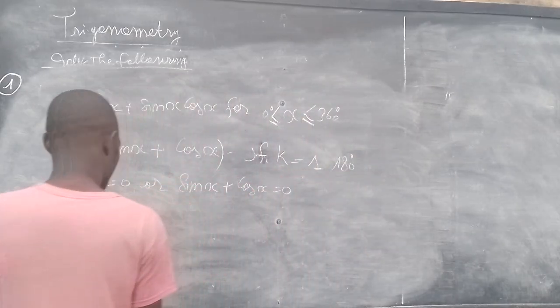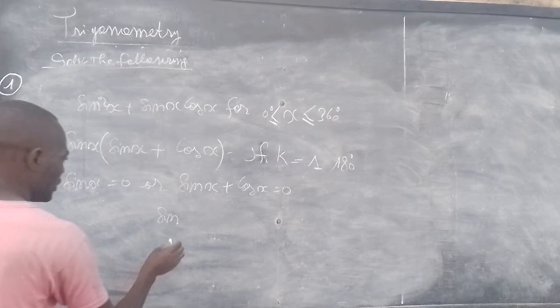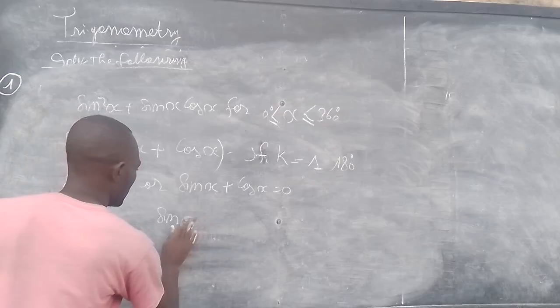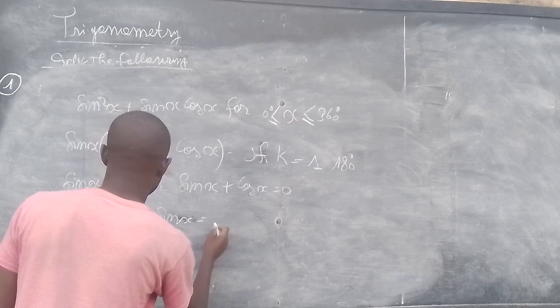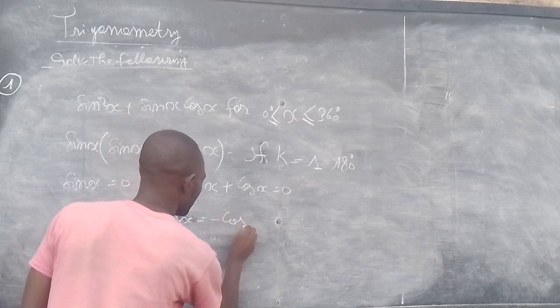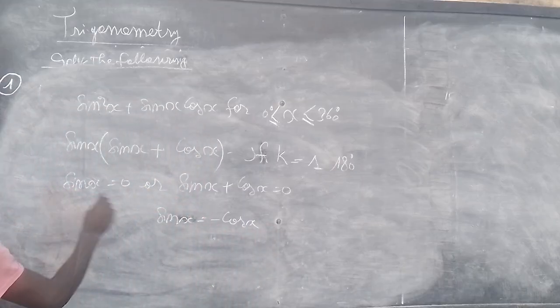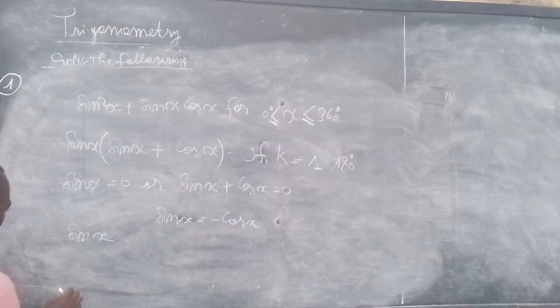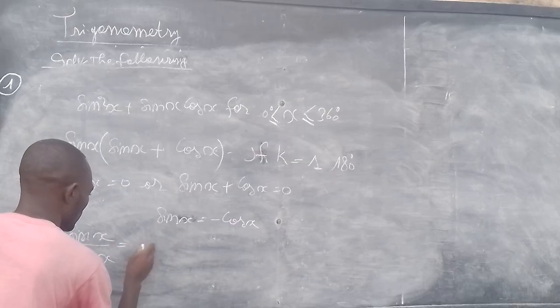So means that we have sine x equal to negative cosine x. So here we will have sine x over cosine x, which is equal to -1.